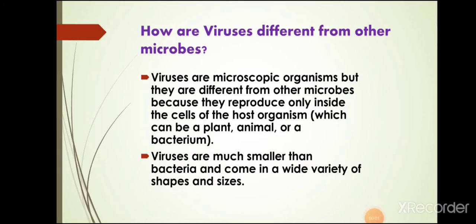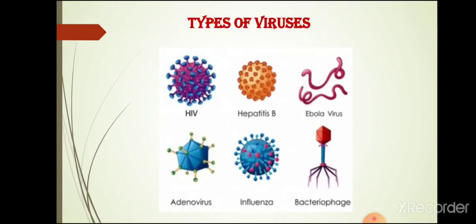Viruses are much smaller as compared to bacteria and they are present in a variety of shapes and sizes. Now here you can see types of viruses like HIV, hepatitis B, Ebola virus, adenovirus, influenza, bacteriophage. And students, you know, common ailments like cold, influenza which we call flu, and most coughs are caused by viruses, and some serious diseases like polio and chicken pox are also caused by viruses.